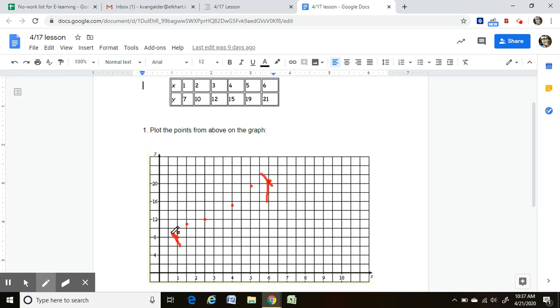Ooh, there we go. Oh Lord, this is so much easier on paper. Don't draw it as bad as me. I am on a computer and not an iPad. Straight line, Miss Van Galder. Straight line.